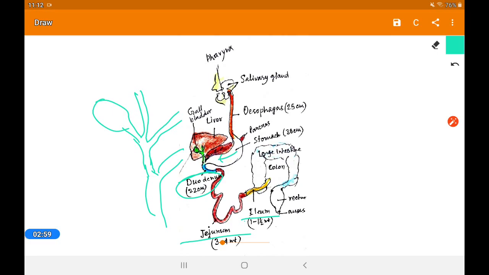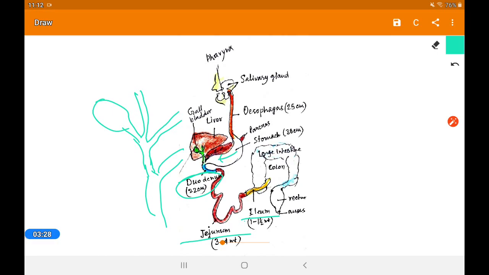So in this part we can very clearly see these areas. The duodenum is a very important part where the bile from the gallbladder and the pancreatic juice from the pancreas are secreted in the duodenal area, so you can see it is the main zone of digestion.